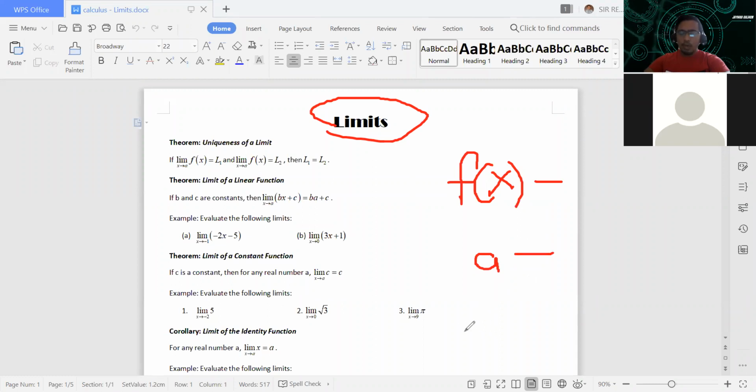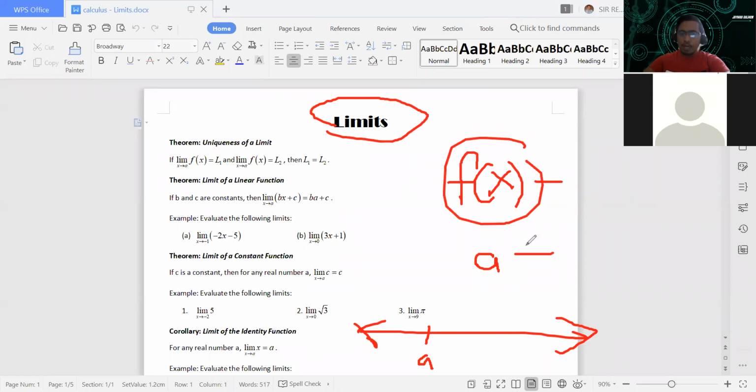What you're going to do here is, say for example, you have the number line here. If this is your fixed point A, what you will look at is the behavior of your function f as you get values closer to this fixed point A. If you say closer, you will get values close to A from the left hand side.